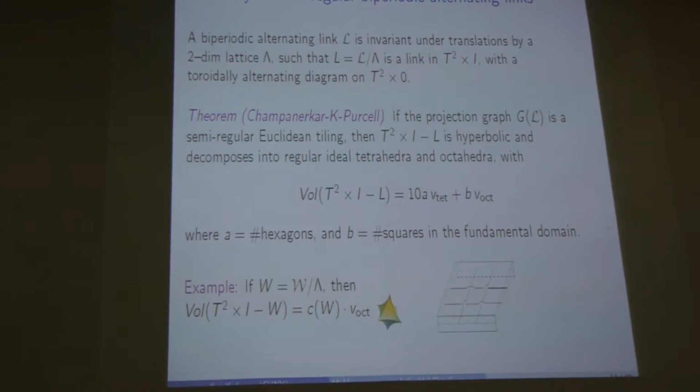It decomposes into regular ideal tetrahedra and octahedra with exactly this volume. The volume is 10A v_tet + B v_oct, where A is the number of hexagons in the fundamental domain, and B is the number of squares in the fundamental domain. In the example we saw earlier, you can see that T² × I minus W has one regular ideal octahedron for each crossing. So this is one octahedron per crossing for the square weave.